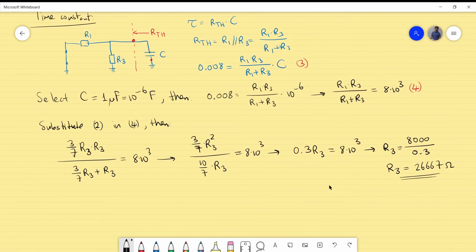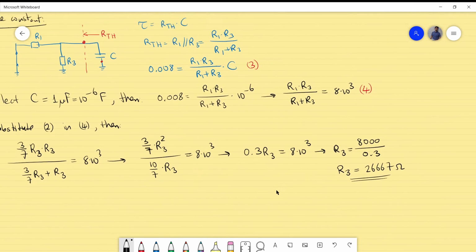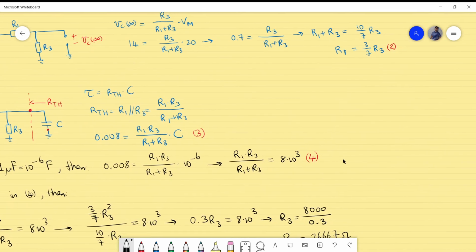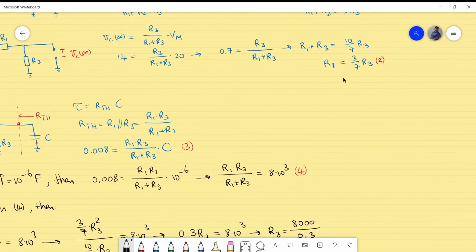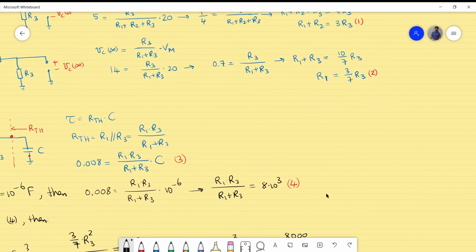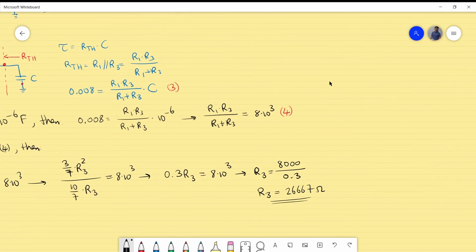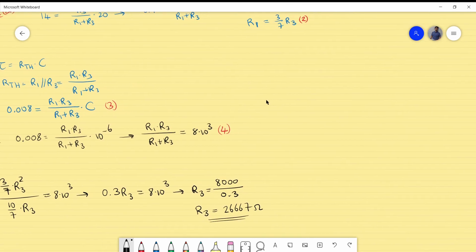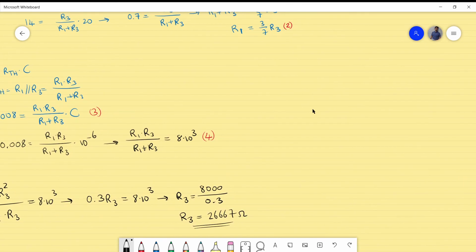The next step is calculating the rest of the unknowns. Because we already know R3, we can now calculate R1, and after we have R1 and R3, we can calculate R2. That will also be back substitution. I will show this here to make it clear.